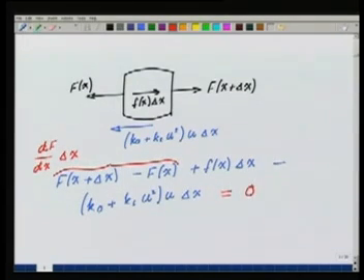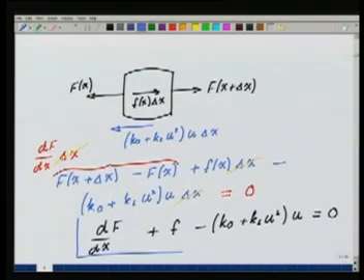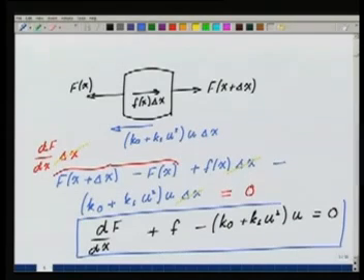Now we can cancel off this delta x. So what we get is dF/dx plus f minus (k0 plus k1 u squared) into u is equal to 0. This is our nonlinear problem.